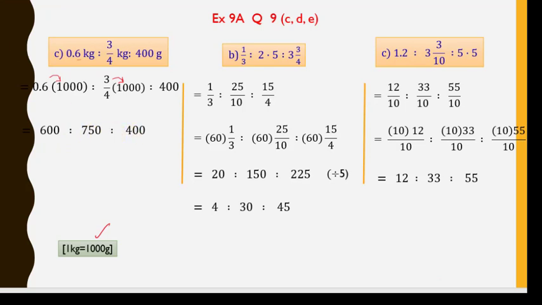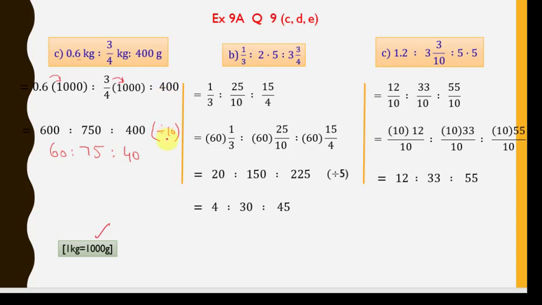Now I'll divide all these values by 10, and we will have 60 is to 75 is to 40.